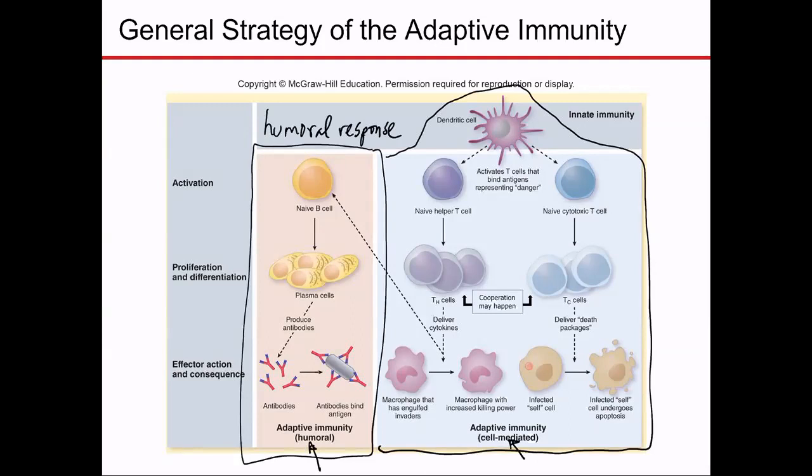The humoral immunity right here is the one that is related to the production of antibodies. The cellular immunity right here is the one that is going to coordinate the immune response, but also will be responsible for clearing infections by pathogens that enter our cells.